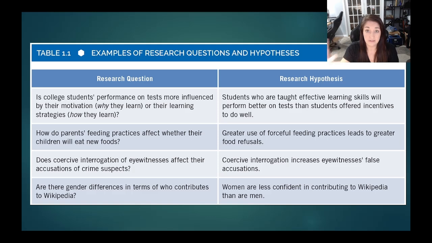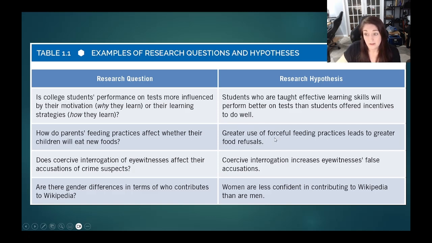So, obviously these researchers did their due diligence. And they were able to go in and see what other people have seen and done and found after the whole process. They were able to hypothesize these specific statements, the specific relationships between their independent variables and dependent variables. They hypothesized in number 1, that students who are taught effective learning skills will perform better on tests than students offered incentives to do well.